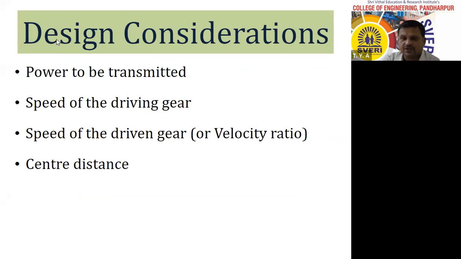Now, what are the design considerations of the spur gear? Power to be transmitted, speed of the driving gear, speed of the driven gear or velocity ratio, then center distance. Center distance म्हणजे काय? What is meant by center distance? When the two gears are in contact with each other, the distance between the centers of the two gears is known as center distance.